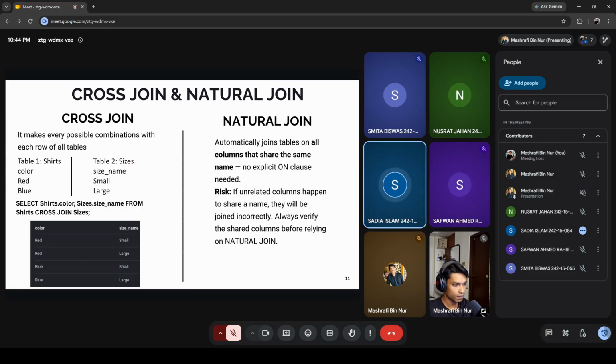A natural join, on the other hand, automatically joins two tables using columns that have the same name. We do not need to specify an ON condition. However, we should be careful with natural join because columns with the same name may not always represent the same information. To conclude, different joins help us combine tables in different ways depending on the data we need.